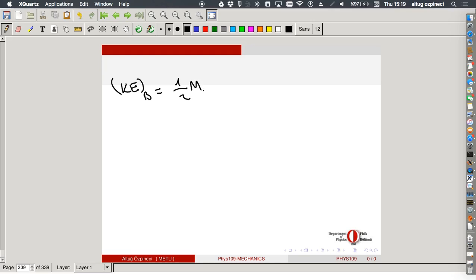Kinetic energy relative to the point B. Now it will be 1 over 2 m v_B squared plus 1 over 2 I_B times omega squared. Two things to note. One, the moment of inertia depends on which axis you choose. Since I'm now choosing axis B, the moment of inertia is different.